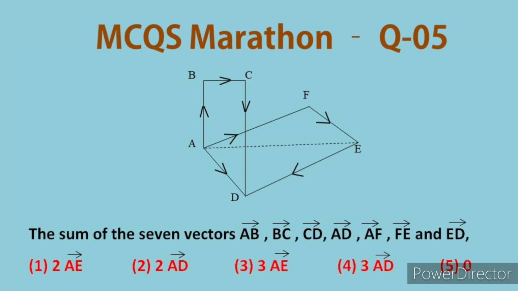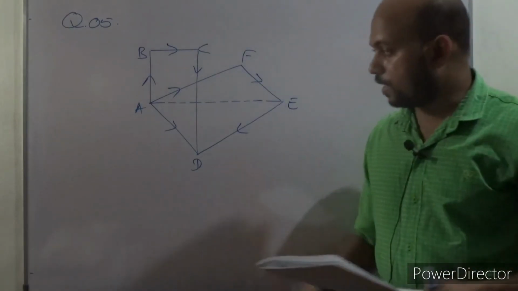Number 5. The sum of the 7 vectors AB, BC, CD, AD, AF, FE and ED. Here there is a diagram.